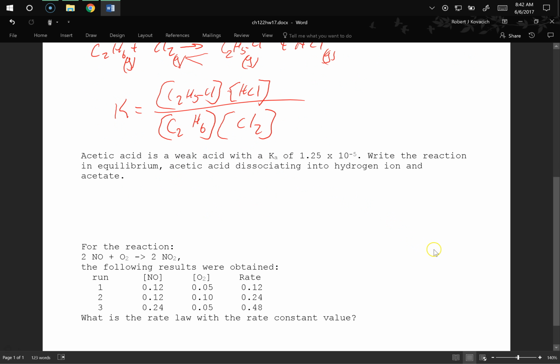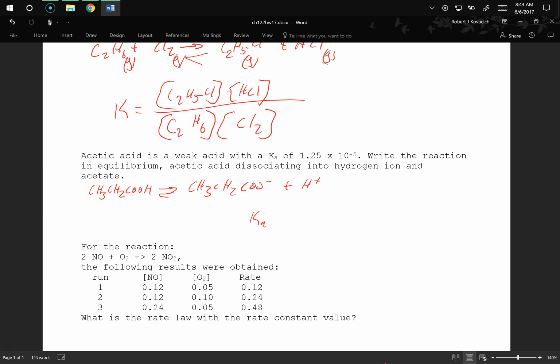All right, acetic acid has a weak Ka. Write the equilibrium expression for acetic acid dissociation. Okay, so we've got CH3CH2COOH going to CH3CH2COO negative plus H plus.